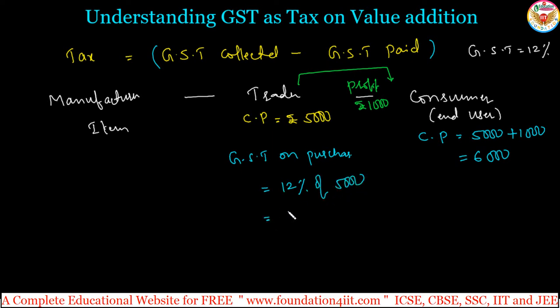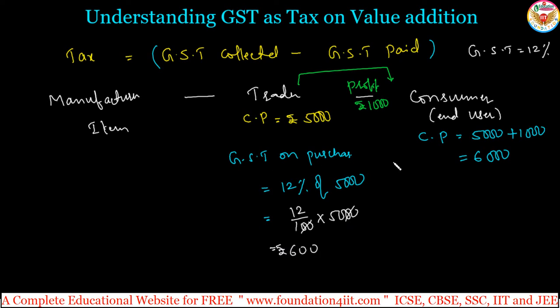That is 12 by 100 into 5,000. If you calculate this, 50 into 12 is 600. So GST on purchase is 600.